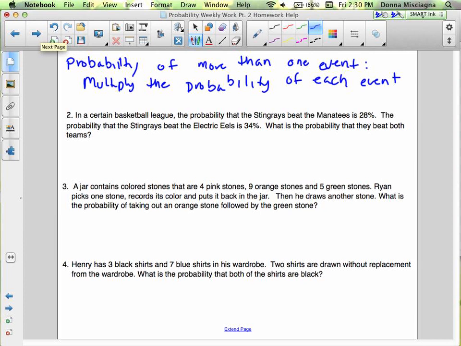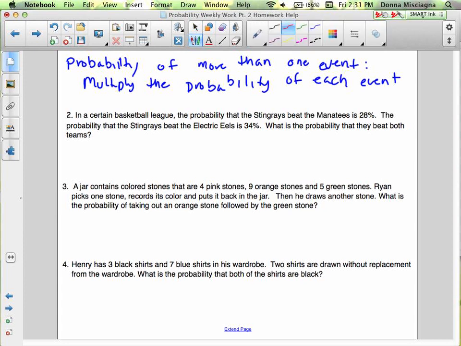All right, so let's look at the first one. In a certain basketball league, the probability that the Stingrays beat the Manatees is 28%, which you would use 0.28. The probability that the Stingrays beat the Electric Eels is 34%. What is the probability that they beat both teams?